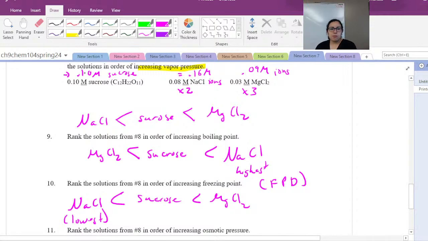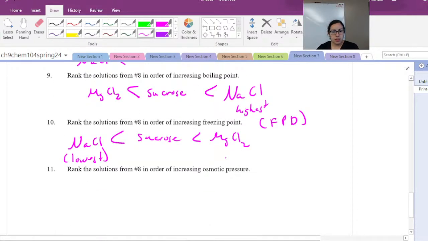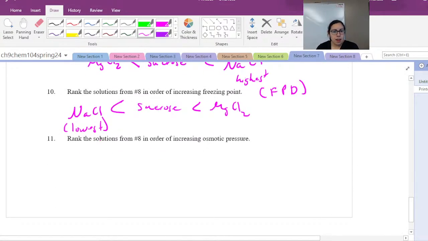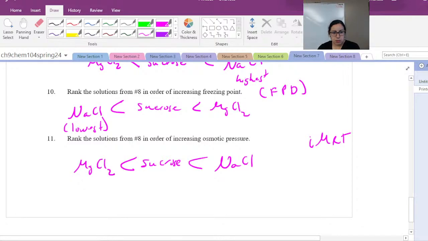Once you have them with their effective molarities, it's pretty simple, right? Nothing's changed in the ordering. We just flip them depending. And then, of course, sodium chloride has the highest osmotic pressure since it's just based on our effective molarity, MRT. And then magnesium chloride at the end.